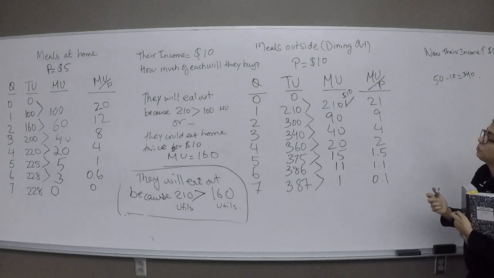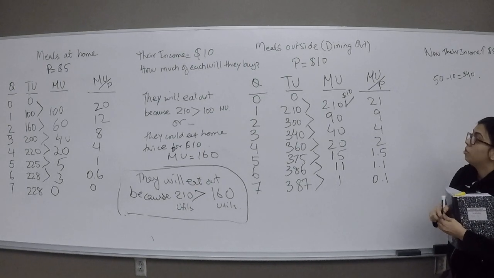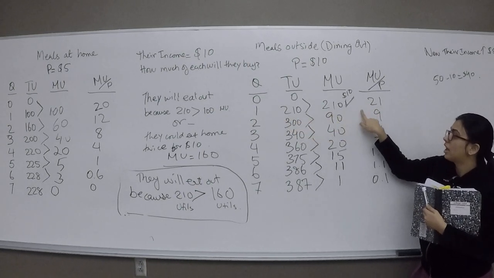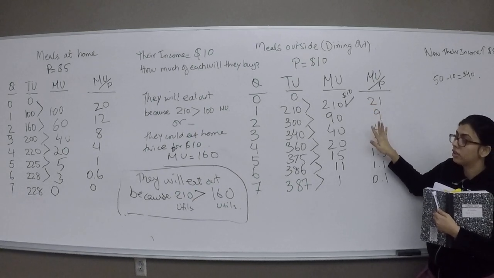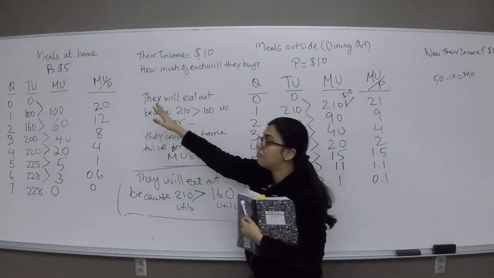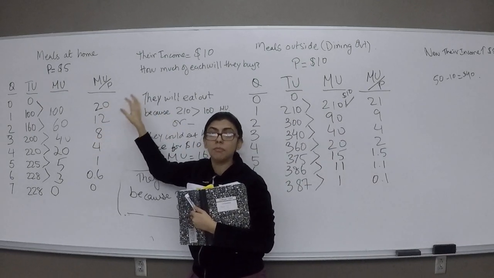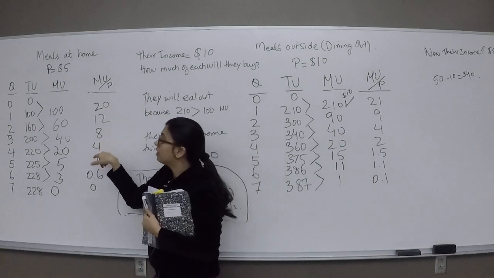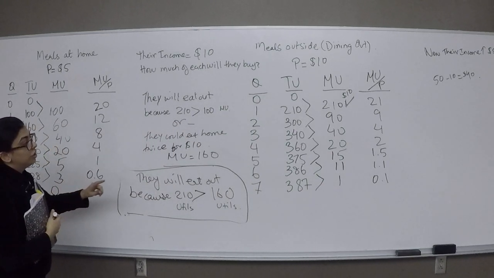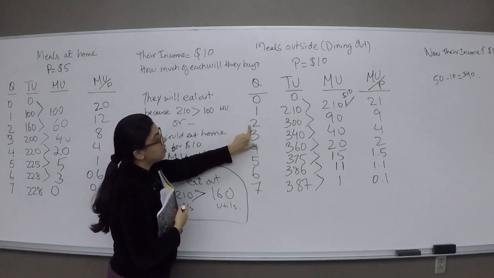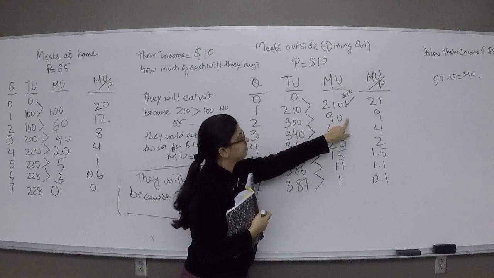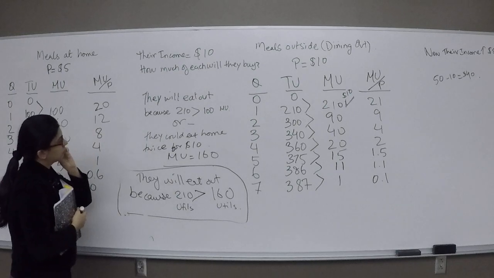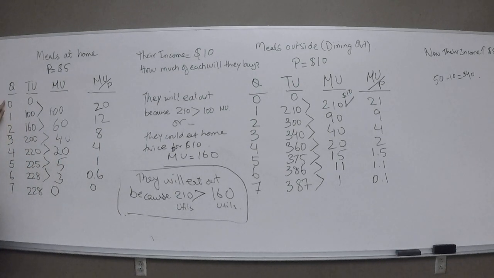So how are you gonna spend your next 40? You have consumed one meal outside and you have spent $10 on it. You haven't had any meal at home yet. So next you look at quantity 2 outside, which gives you 90, and quantity 1 at home, which gives you 100.